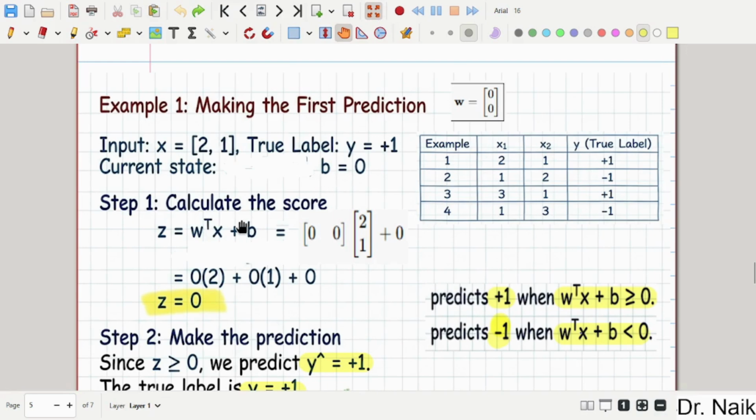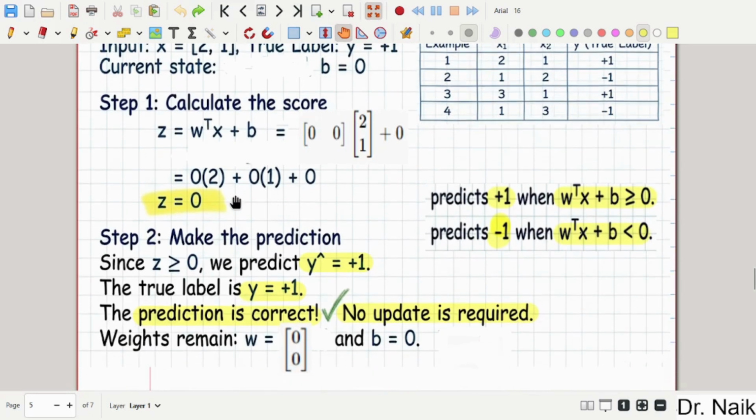So let's calculate the score. Score is calculated by the formula z is equal to w transpose x plus b. So w transpose is a row vector with first entry 0 and second entry 0, and it is multiplied with the feature vector x. So 0 multiplied by 2 plus 0 multiplied by 1 plus 0, the bias, gives 0. So our z is 0.